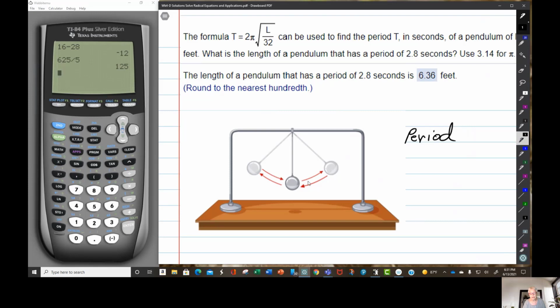So it swings over here and then it swings back. Let me do it with this. You pull it over here, you let it go, it swings as far as it can over here, and then swings as far as it can over here. That is 1 period.